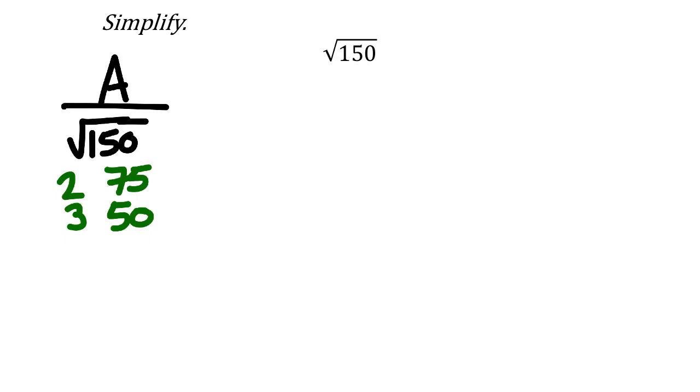So it's not divisible by 4, though. It appears that it is divisible by 5. Let's try that one. Well, 5 times, what? 5 times 30, I guess. That would be 150. But again, this is a pair of factors of 150 that are not perfect squares.